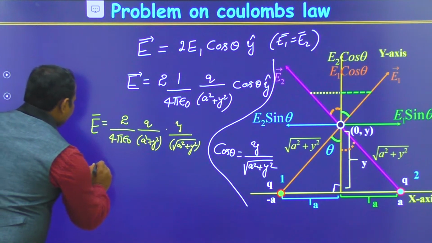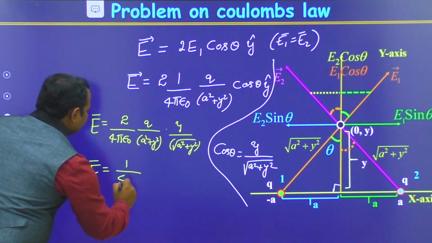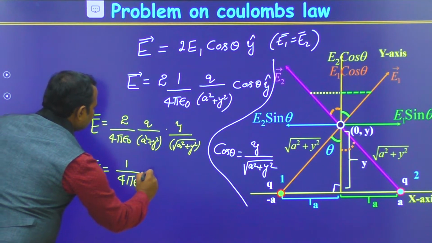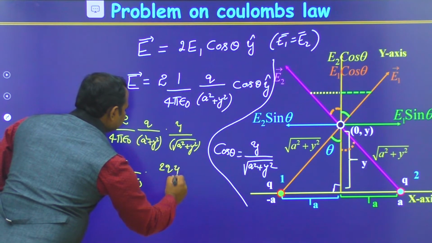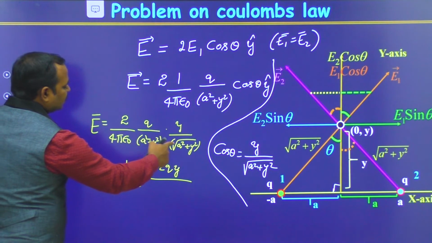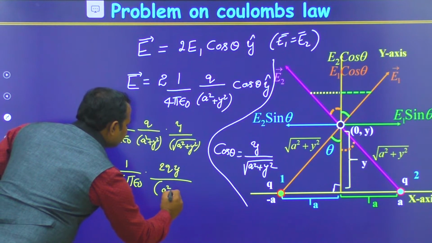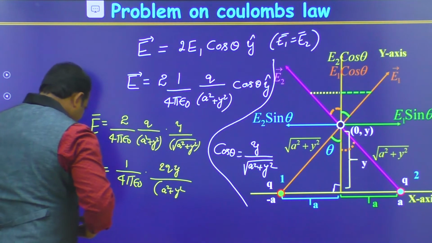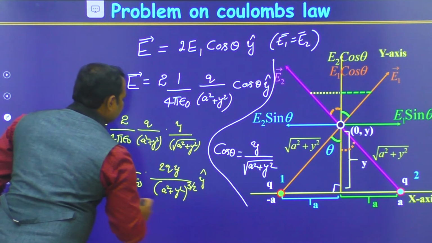Now we can write E bar is equal to 1 by 4 pi epsilon naught into 2qy by A square plus Y square whole power 3 by 2 into Y cap.